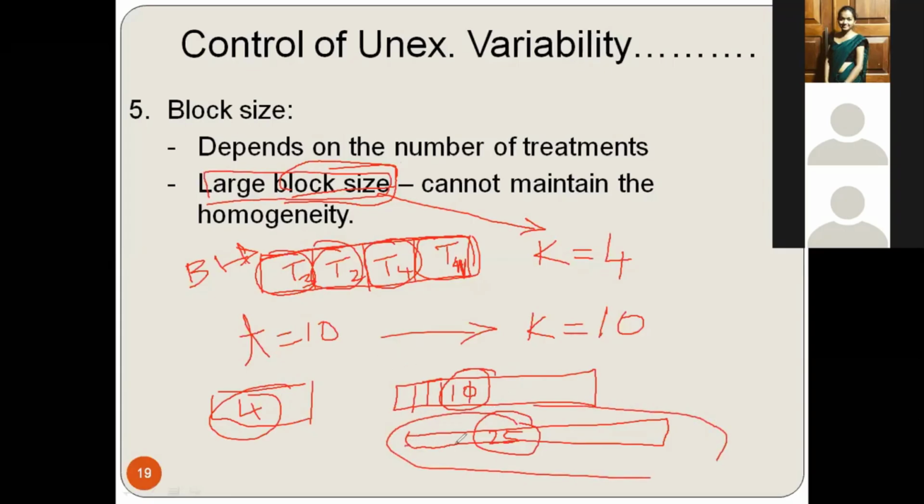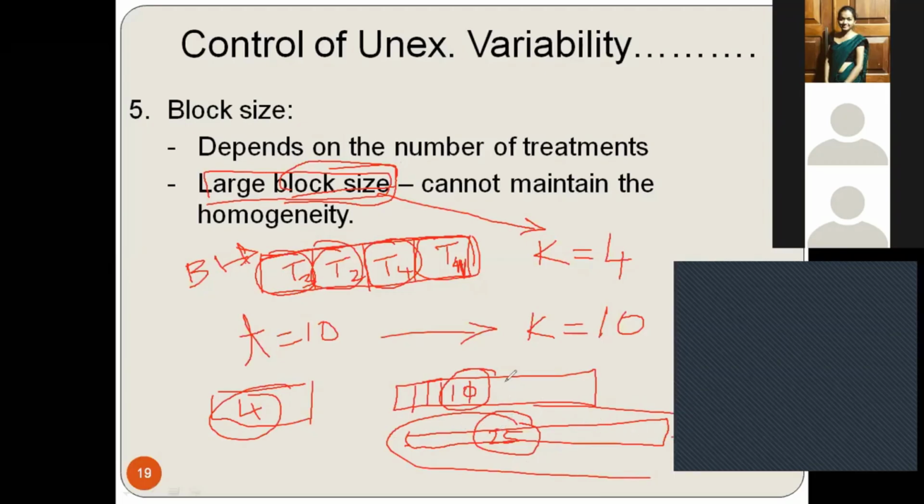So if the block size is becoming larger and larger, what will happen? The variability will increase. Why? Because, for example, in the early example, this is 3 meters, this is 3 meters, and this is 2 meters.